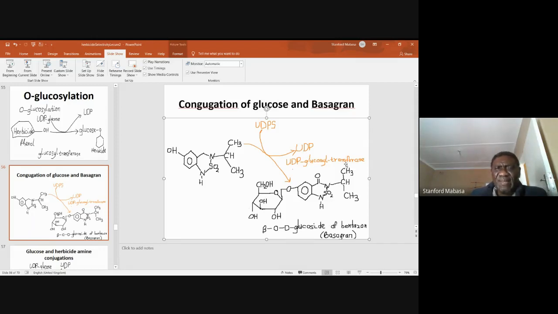So in soybean, this is basically what is happening. You have cytochrome P450 adding OH to the Basagran molecules, and UDPG taking over by providing the glucose to this derivative to form glucose O Basagran, which is now no longer phytotoxic.